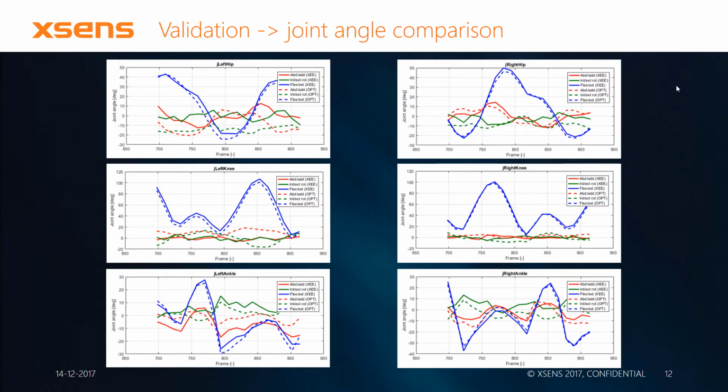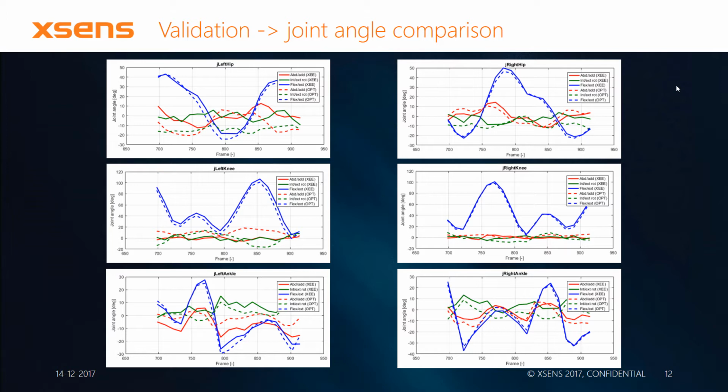So just to show you a few outcomes of a validation study that has been performed. In this graph, you see a joint angle comparison. The solid lines in these graphs are the data produced by MVN, and the dashed lines are data captured with an optical system.